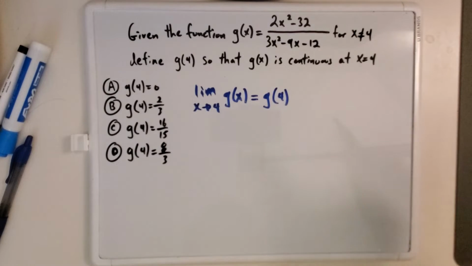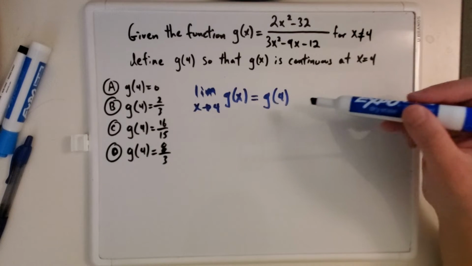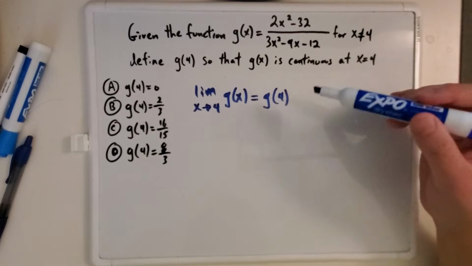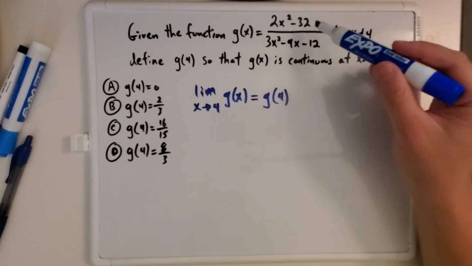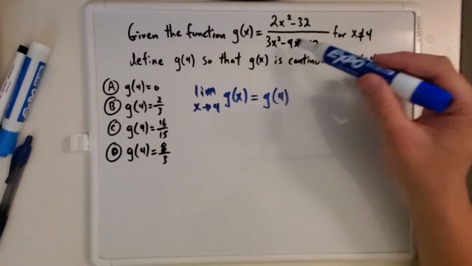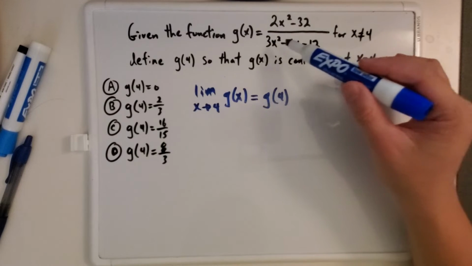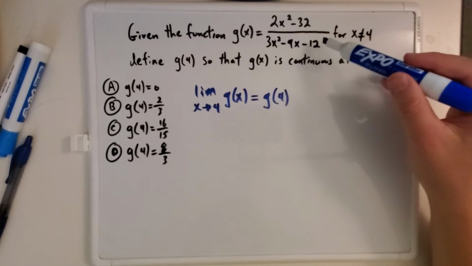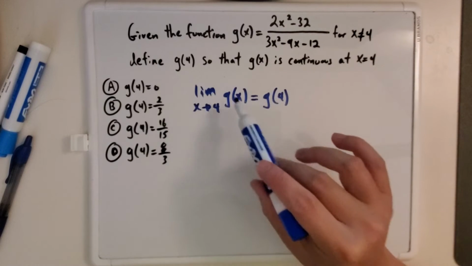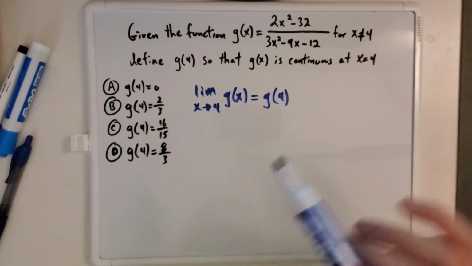But since g of 4 is undefined, you can't plug in a 4 directly in here because it's not a part of our domain. And we'll see that as we work through this problem. We need to use limit to help us out.